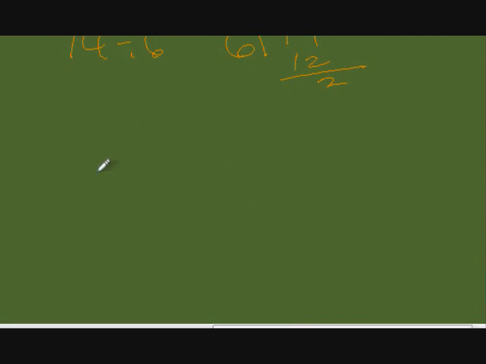Can we simplify that? You bet we can. We can simplify 2/6. And this is where we get into talking about factors and multiples and all that stuff. Okay, so we don't want to forget about this 2, but we're going to concentrate on the 2/6 right now.